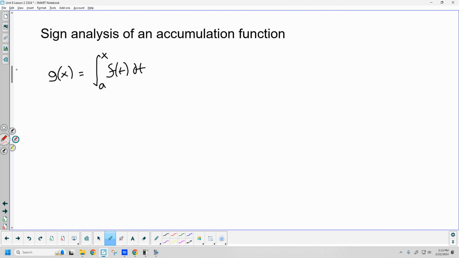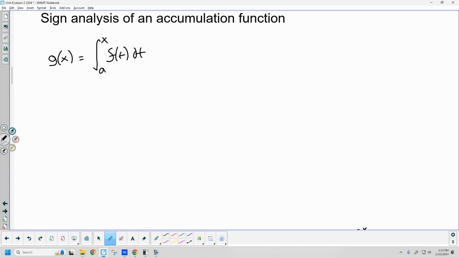Now, the one thing is that you have to make the connection. You have to make the connection that the derivative of G is just the graph that's given to us. You have to have this established and written down. A lot of people won't because you are horrible at labeling your things.